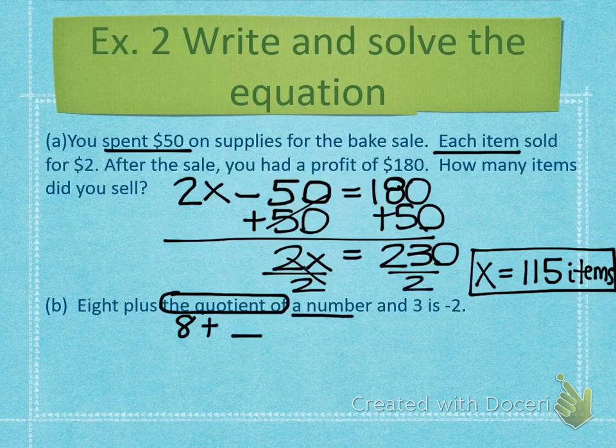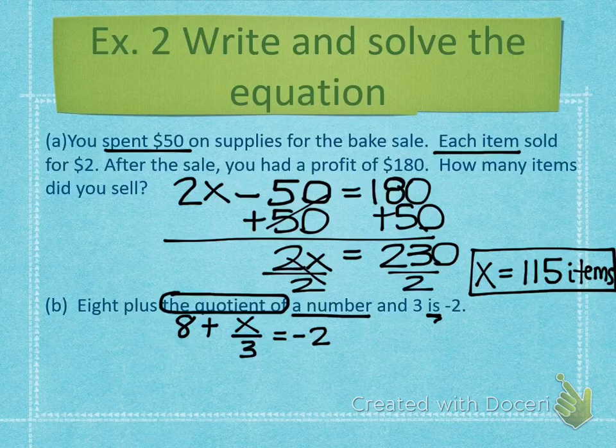This says a number. What do we replace the words a number with? A variable. So let's just do x. Now it's the quotient of a number or x and 3. So what's my denominator? 3. All right. Is. Last week we discussed this. Is can be replaced with what math symbol? Equals, and it equals -2.